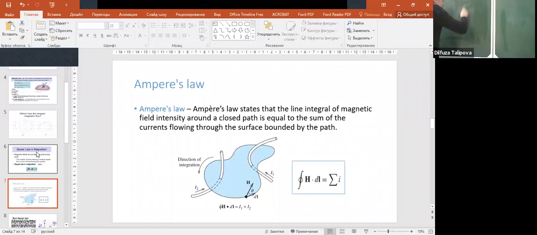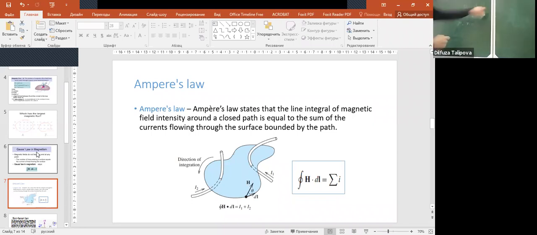So magnetic field is equal to mu0 multiplied by H. As you know, mu0 is the permeability, and mu0 is equal to 4 pi multiplied by 10 to the negative 7.